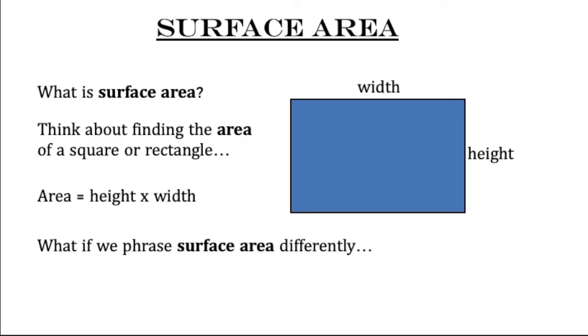Then when we talk about the surface area, you can rephrase that by saying the area of the surface. Then because we're talking about three-dimensional objects, you can say the surface area is the area of all the surfaces that make up a three-dimensional object.